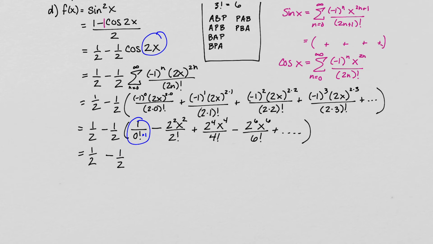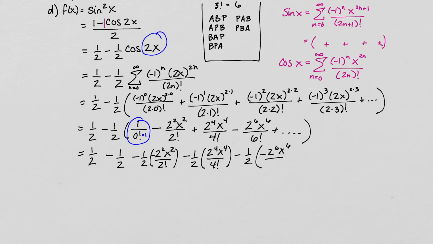Then we're going to have minus 1/2 times 2 squared x squared over 2 factorial. Then plus 1/2 times 2 to the 4th x to the 4th over 4 factorial. Minus 1/2 times 2 to the 6th x to the 6th over 6 factorial. And so forth.